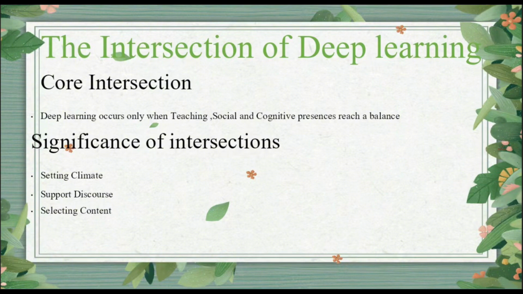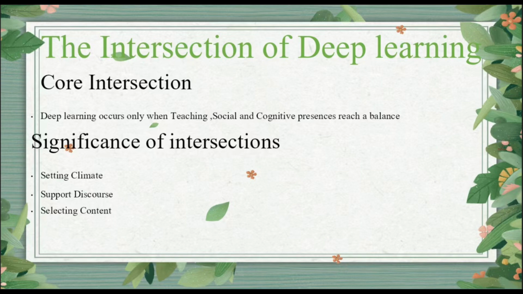We should also know the significance of the intersections. Teaching and social presence can set the climate. At the same time, social and cognitive presence can support discourse. Teaching and cognitive presence can select content.